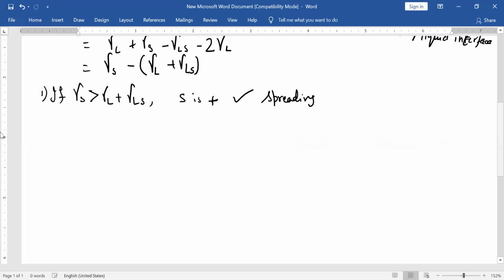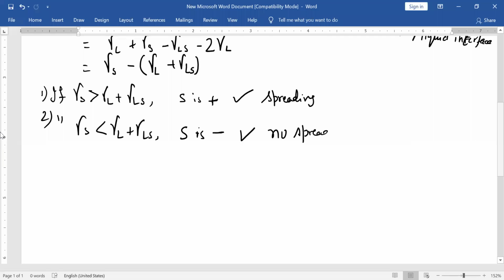Okay, in second condition, if delta S is smaller than delta L and delta LS, then S is negative, that indicates no spreading.